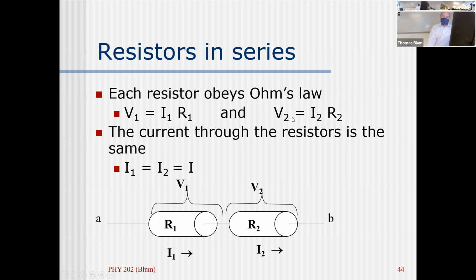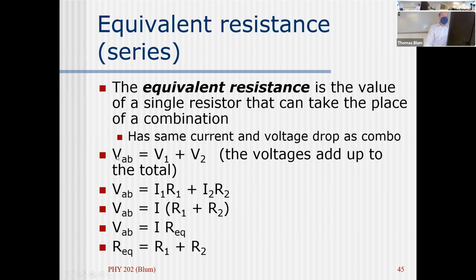So I1 is equal to I2 is equal to I. And then we know the voltages, V1 and V2, add up to the total voltage of the battery, because you have to use up all your energy when you make your path around, and the path involves these 2 resistors. So the battery voltage is equal to V1 plus V2. They have to add up.